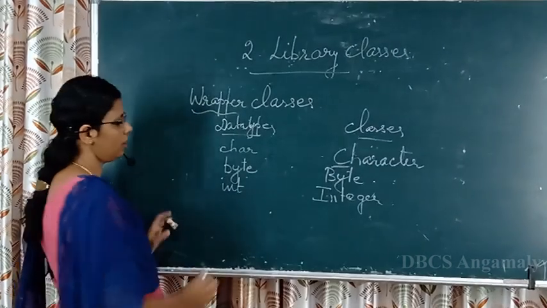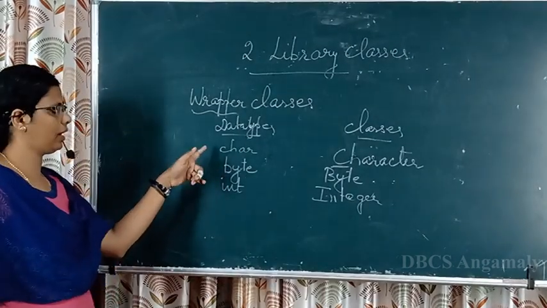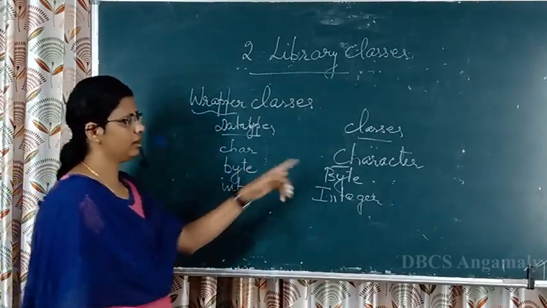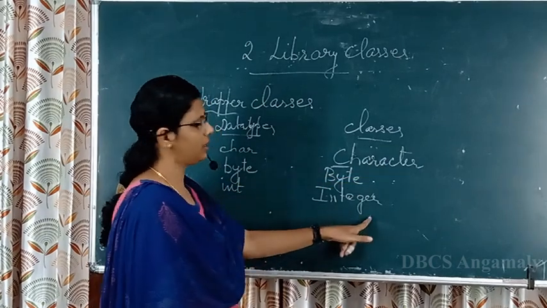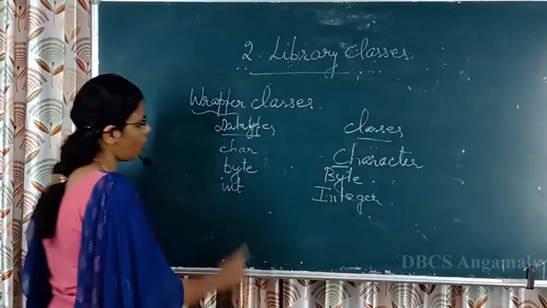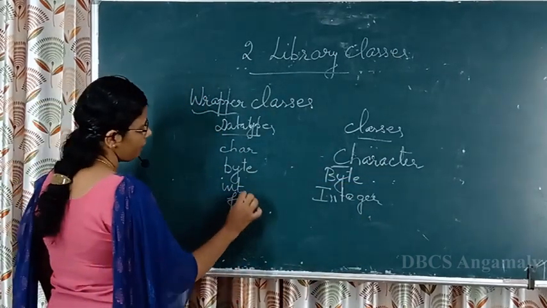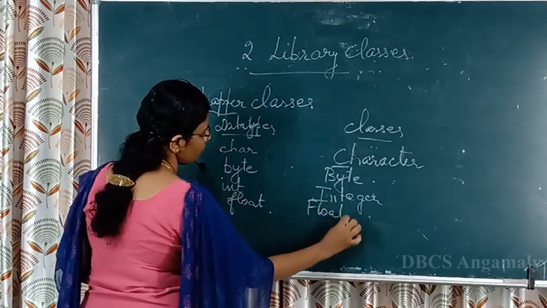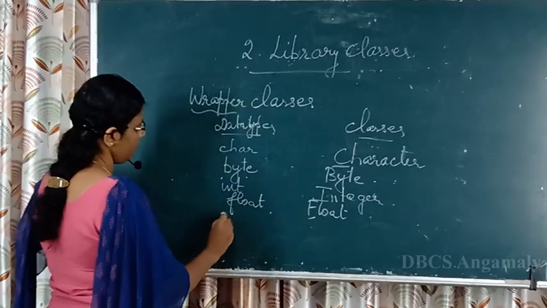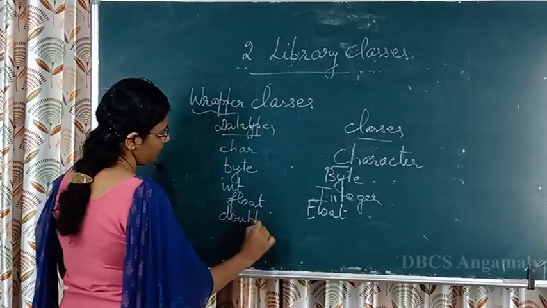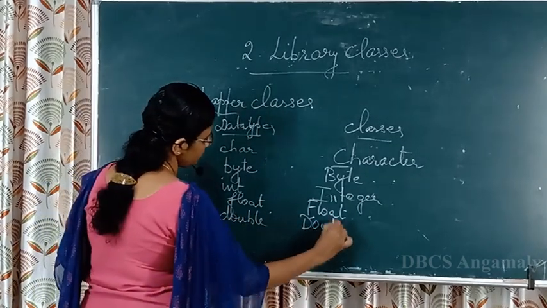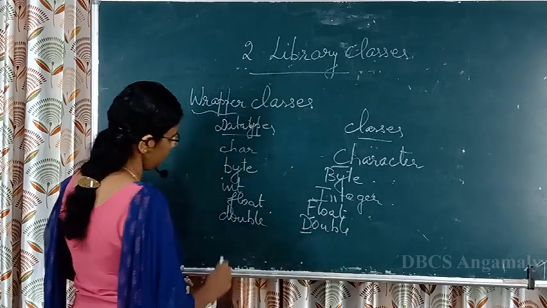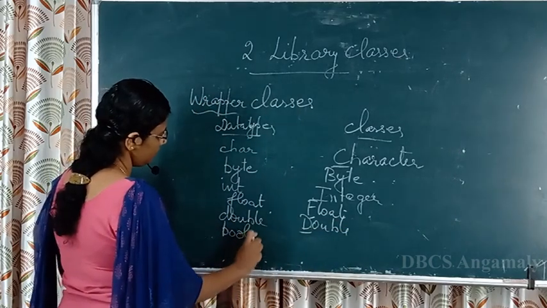If you could note, there is a change only for char and int. They turn out to be Character and Integer respectively. For all other data types, if it is float, the wrapper class is Float, the only difference is capital F. You have double, again the wrapper class is Double, D is capital. Then you have boolean.